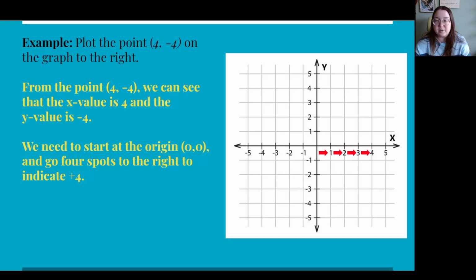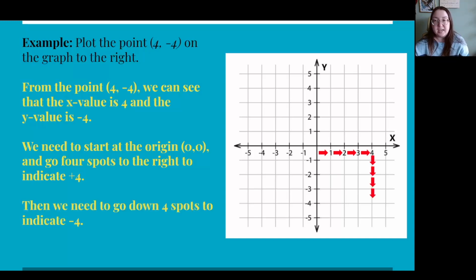Since we start at the origin of 0, 0, 4 is positive, so we go 4 spots to the right to indicate our x coordinate of positive 4. And then since we have a negative 4 for the y coordinate, we'll go down 4 steps. So from our positive 4 on the x-axis, we go down 4 from there, and we plot our point.